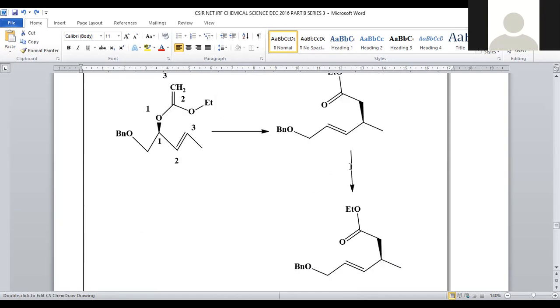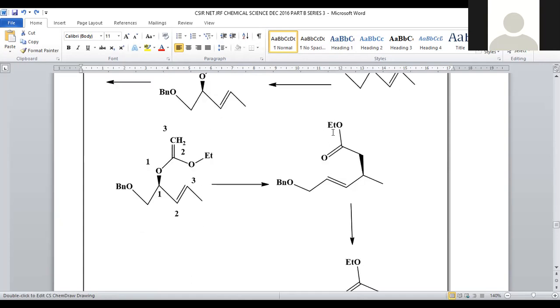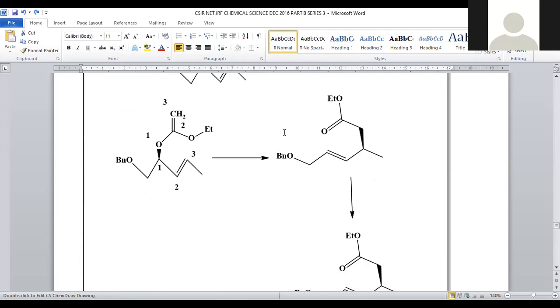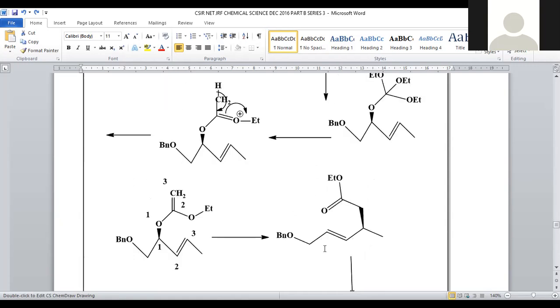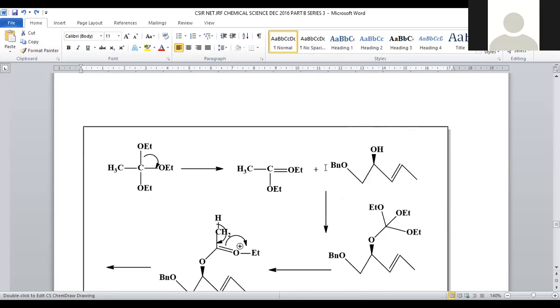So in this way, very clearly, we got an ester linkage at the terminal center, and within the ring we have an olefinic double bond, right? So this is the kind of compound generated, and that will be the major product.